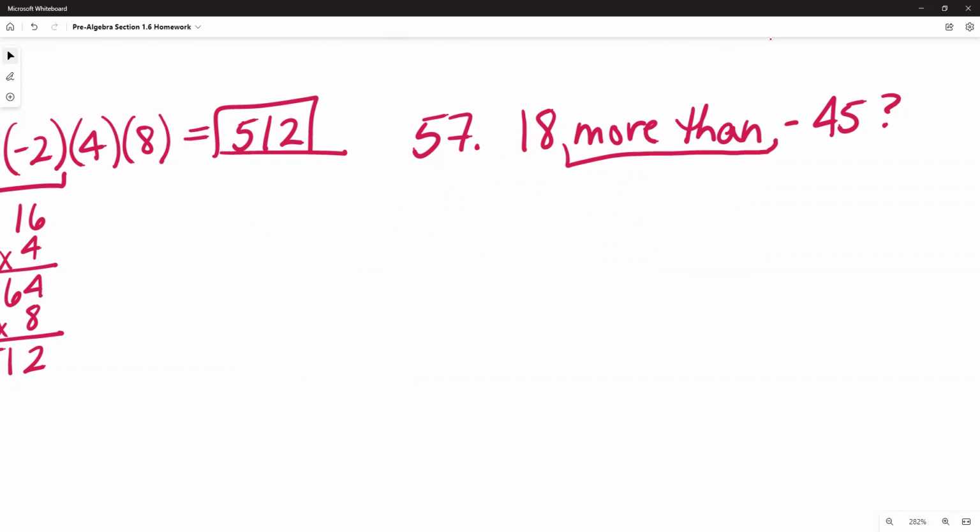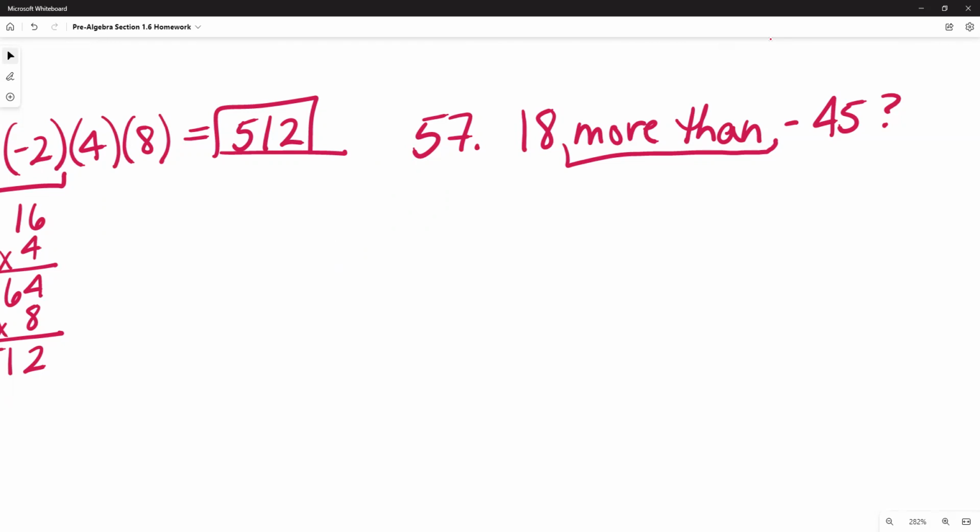Are we starting at 18 and adding negative 45 to it? Or are we starting at negative 45 and adding 18 more to it? Which one?